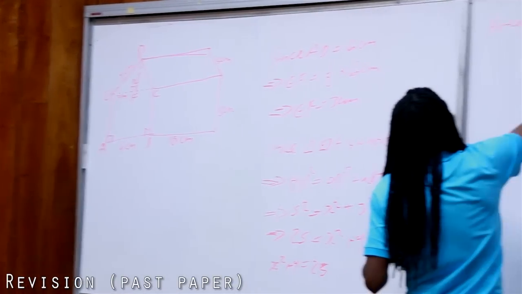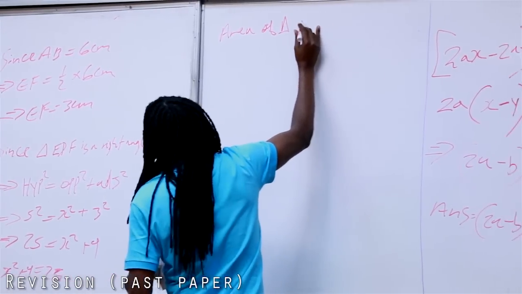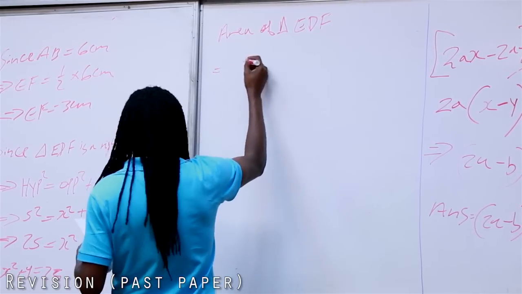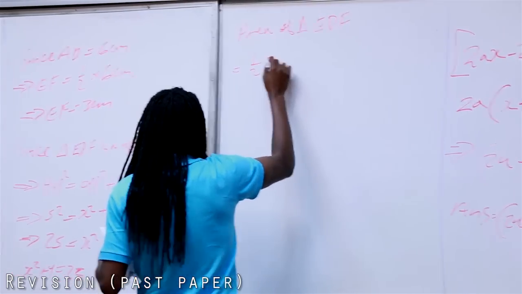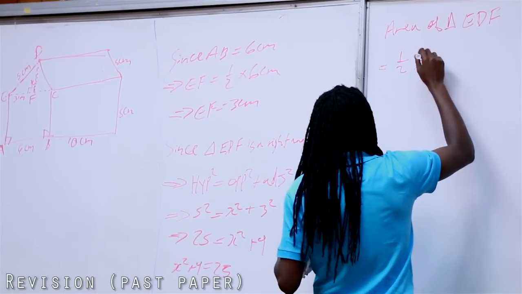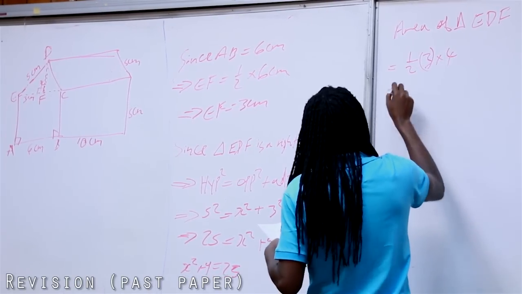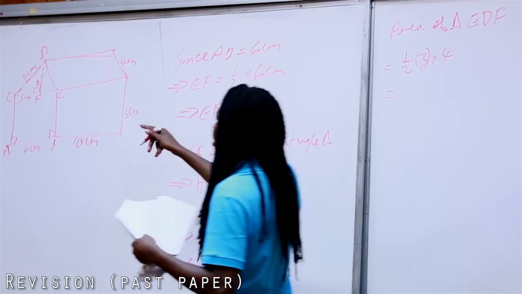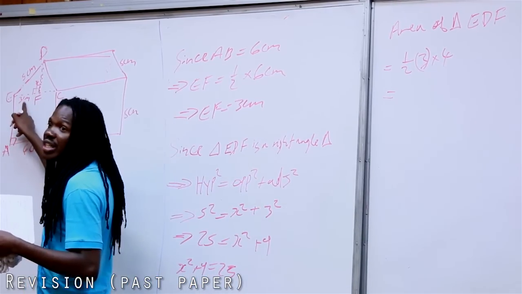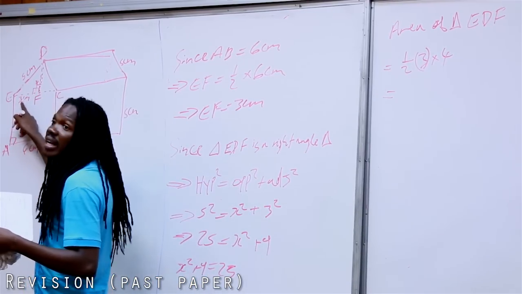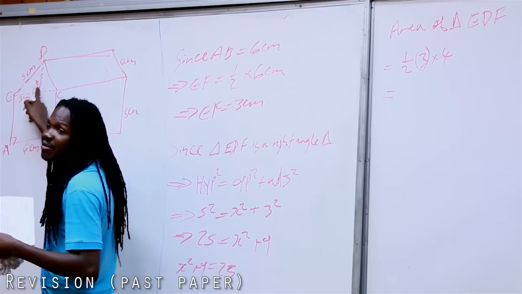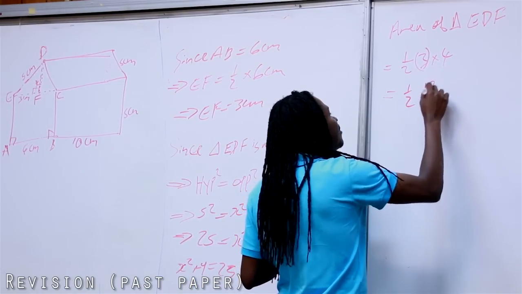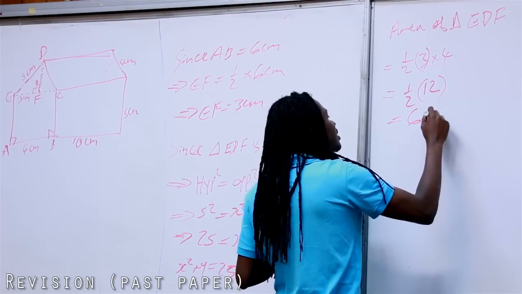Area of triangle EDF equal to half base 3 centimeter times height 4 centimeter, equal to half 12, equal to 6 centimeters squared.